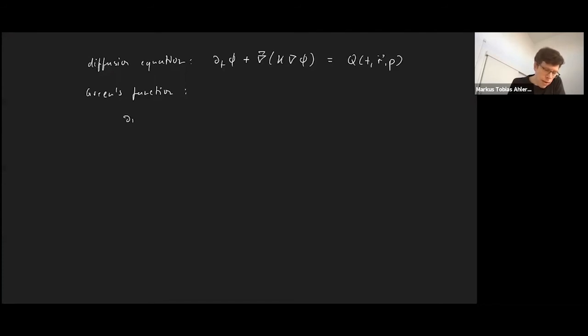I have the time derivative of a function g that depends on t and r, and also on two parameters ts and rs. S here stands for source. Let me give you the result already.